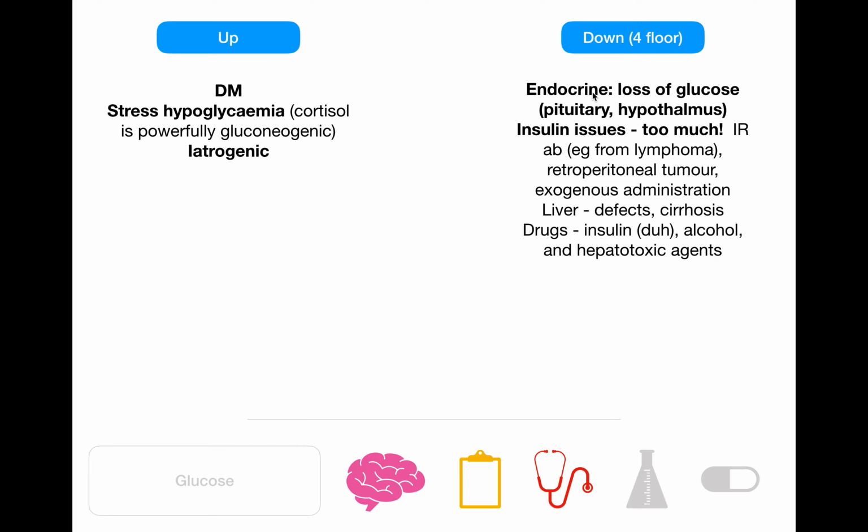So down, the most common cause is insulin. So insulin, such as the drug given, or insulinomas, so tumors that secrete insulin, or certain kinds of lymphomas will cause antibodies to be raised to the insulin receptor. So it's like having too much insulin.